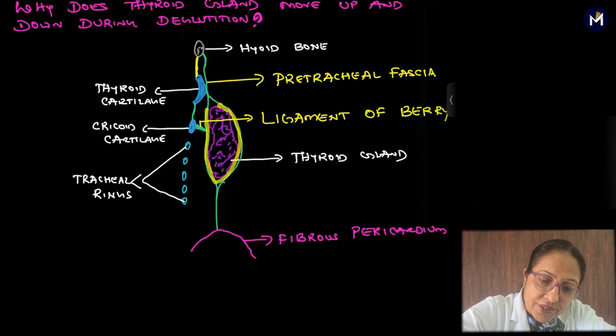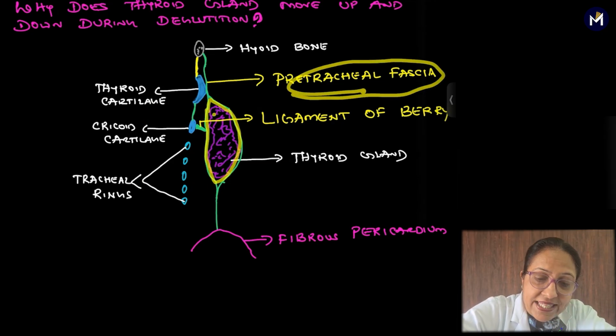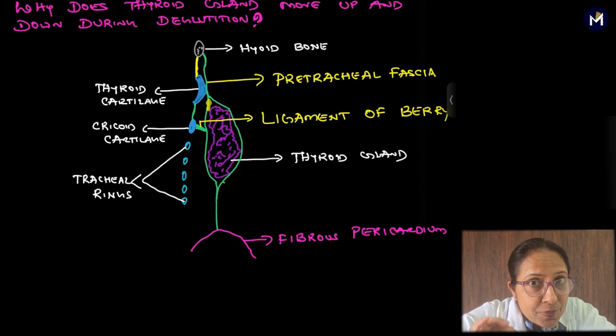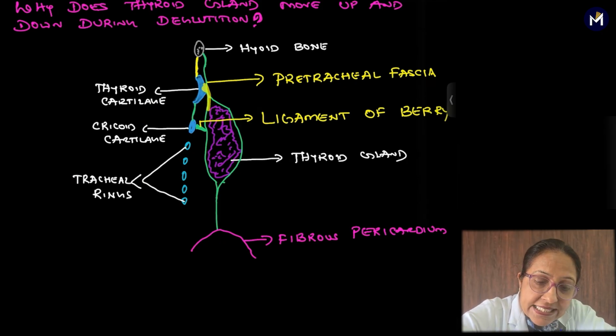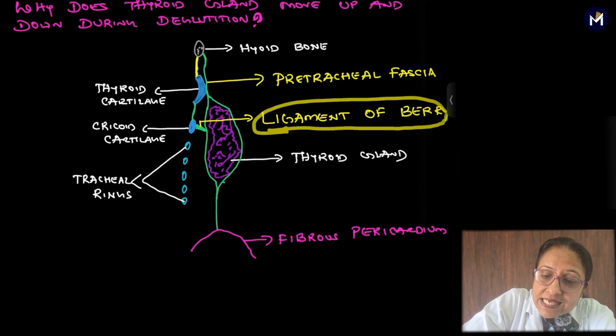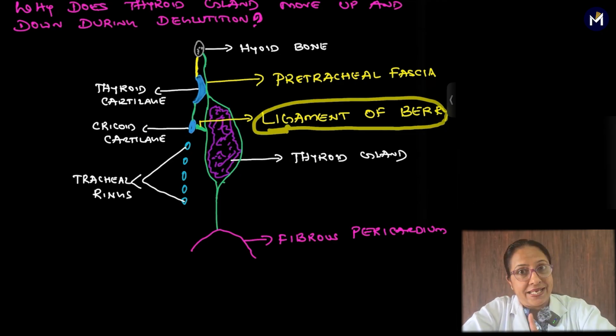That's deglutition. We can see from this picture, this thyroid gland is enclosed within the pretracheal fascia. And this pretracheal fascia is connected to the laryngeal cartilages. Especially, it is connected to the cricoid cartilage by a thickening of pretracheal fascia, which is called the ligament of Berry.